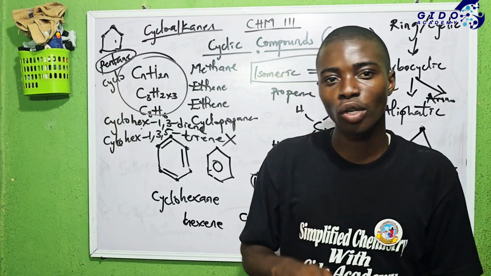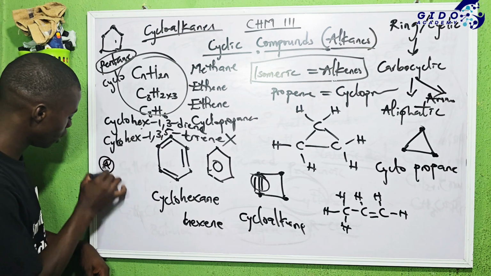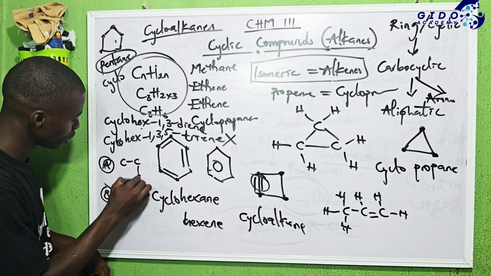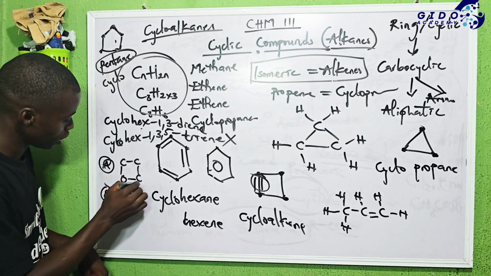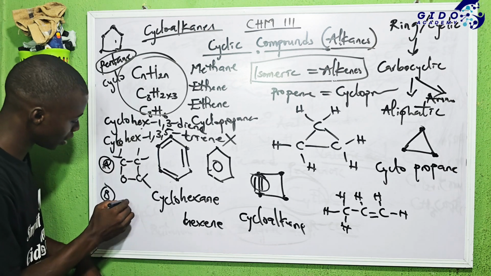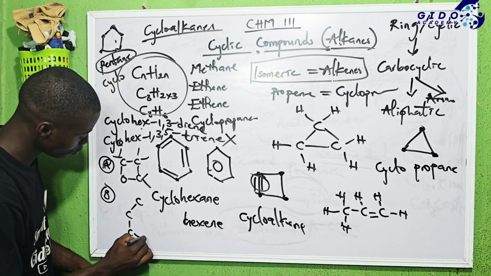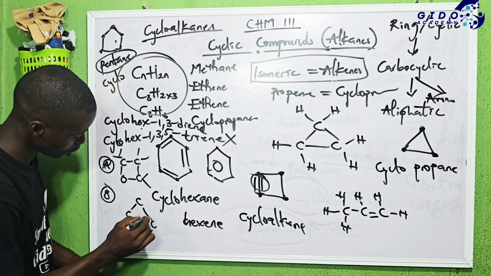I have a question for you real quick. If you see a compound like this, it is question A, and this is question B. If you see a compound like this, carbon, carbon, carbon, oxygen, carbon, and here is hydrogen, hydrogen. Let's ignore the hydrogen first. So if you have a compound like this, and you have another compound like carbon, carbon, carbon, carbon, carbon. Let me just close it here, carbon.